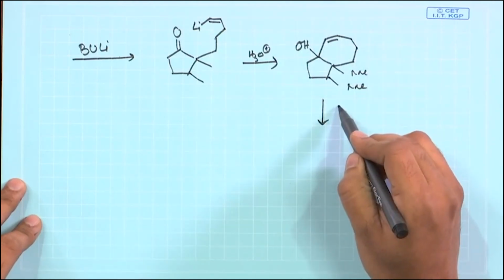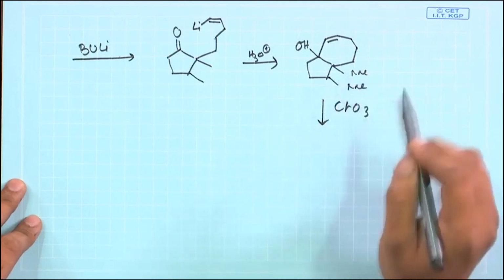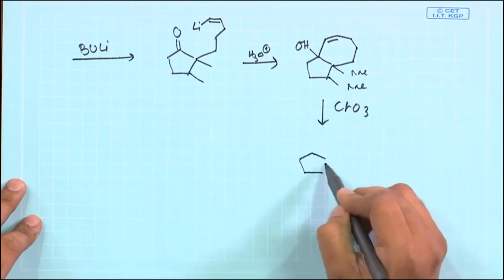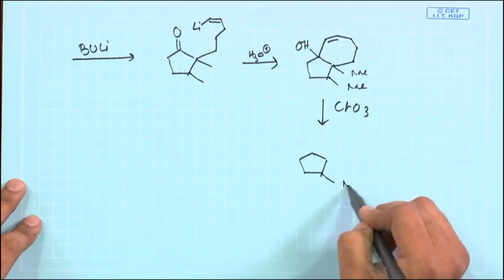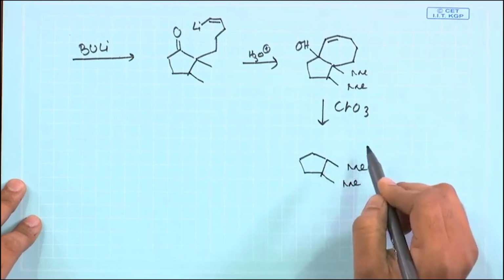Now, you subject to this Babler oxidation. By following the similar kind of mechanism, now this compound will give you the target molecule whose structure is the same which is desired by us.